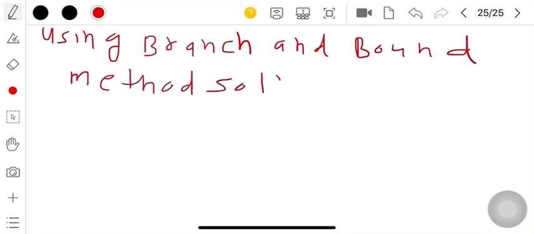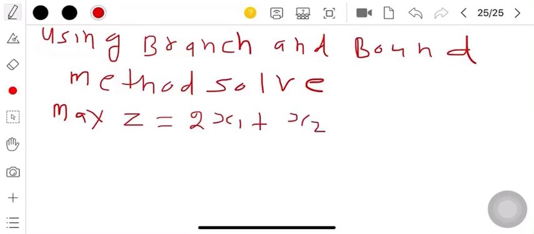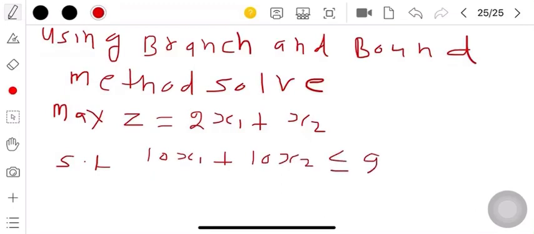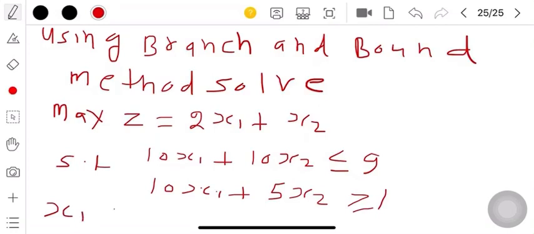Solve: maximize z equals 2x1 plus x2, subject to tan x1 plus tan x2 less than or equal to 9 and tan x1 plus 5x2 greater than or equal to 1, where x1 and x2 are non-negative integers.